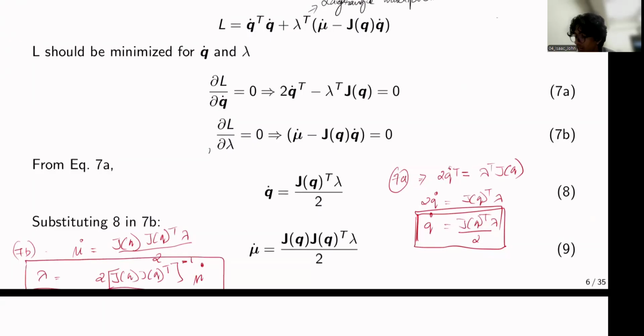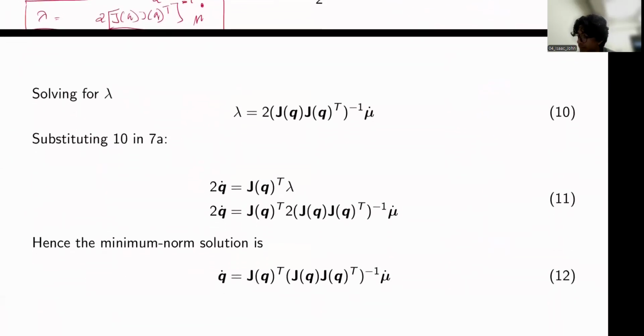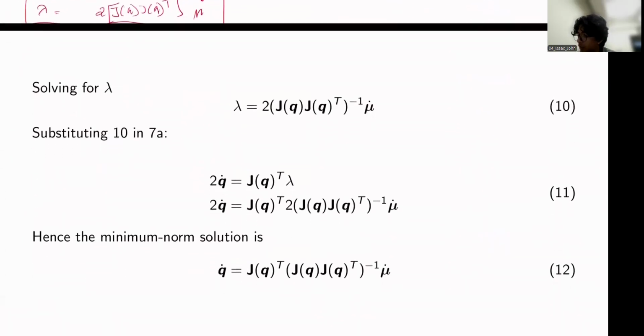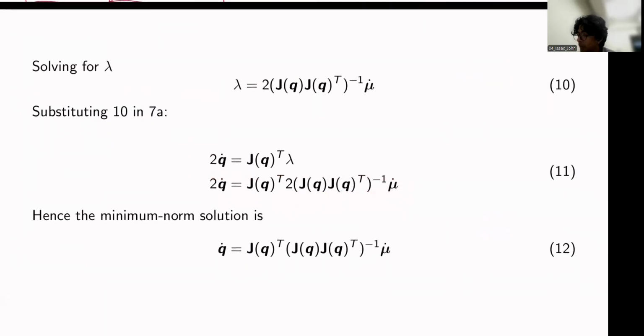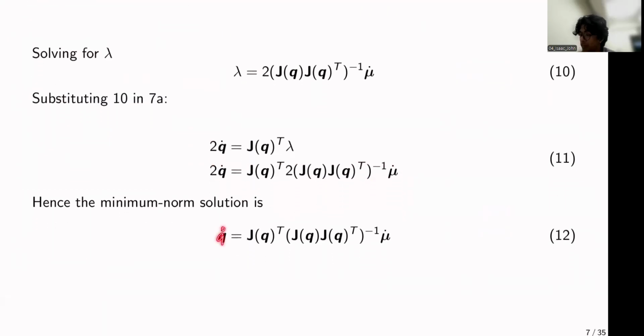And if you substitute this lambda into the first equation, 7a, you'll end up with this big equation, and finally you will end up with an expression for q dot.